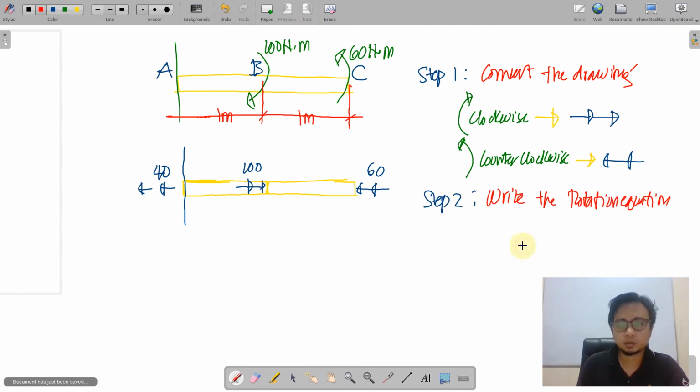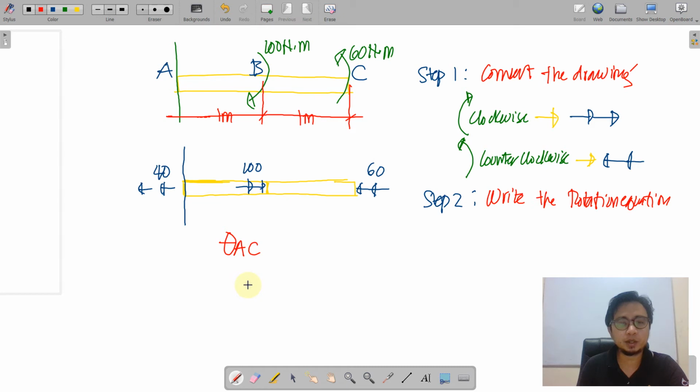Step 2, we write the rotation equation. So writing the rotation equation is simply from left to right. So we will just have to refer to this A, B, and C, so that if we are concerned with the whole rotation of the entire shaft, then we are referring to theta AC.